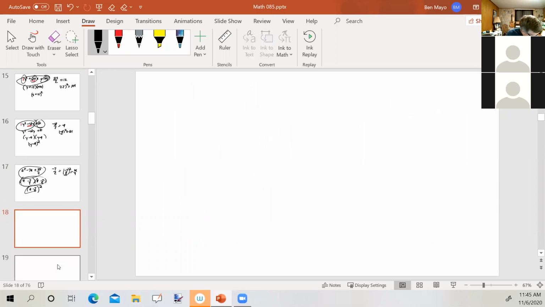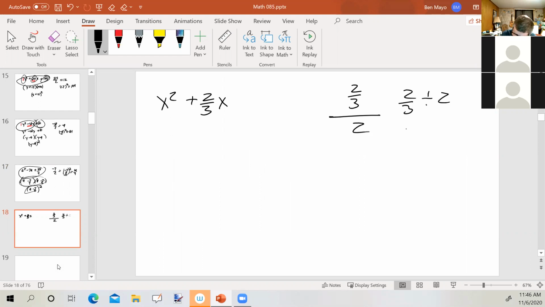Let's take a look at this one. X squared plus 2/3 x. Okay. So again, we want to complete the square. My coefficient of x is 2/3, and I'm going to cut that in half, so I'm going to divide that by 2. Isn't that the same thing as multiplying by 1/2? So instead of dividing by 2, we could multiply by 1/2, which would basically be 1/3.